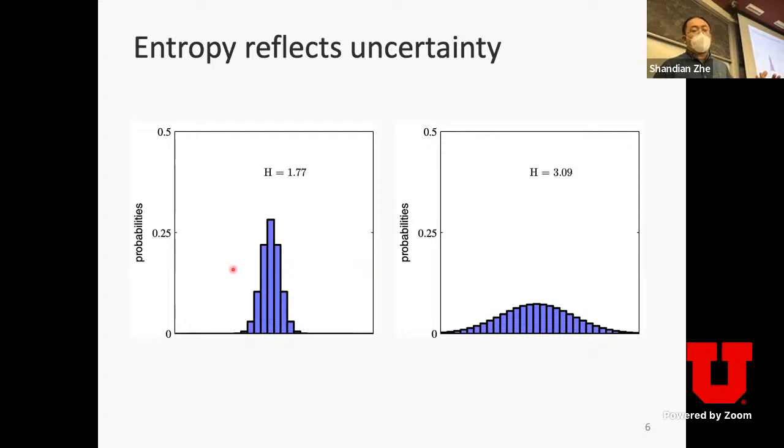So obviously, the first random variable's probability distribution is much more concentrated than the second, right? And correspondingly, its value is much more certain in the first case than in the second case. And this can be verified by looking at their entropy. You can see the entropy for the first random variable is smaller than the second.